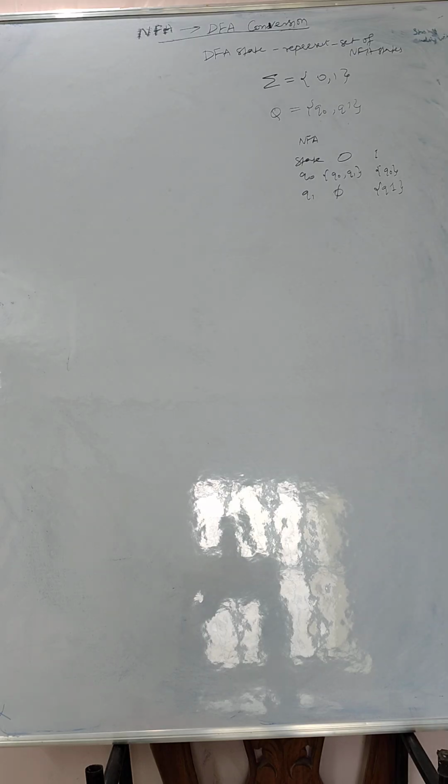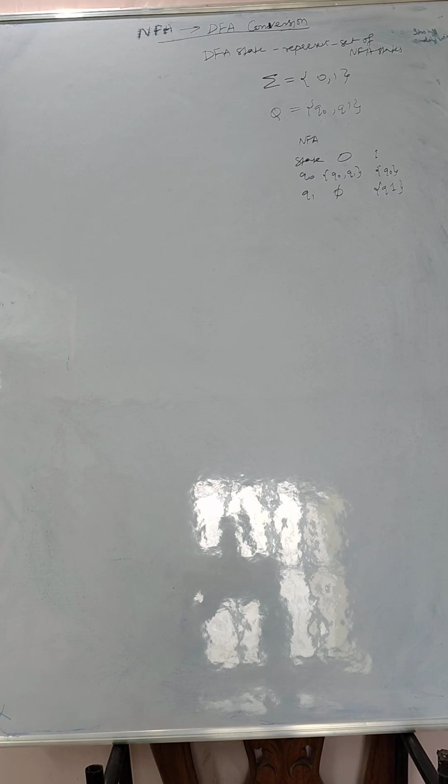From Q0 on input 0, the machine can go to Q0 and Q1 simultaneously. From Q0 on input 1, it can go to Q0. From Q1 on input 0, there will be no transition. From Q1 on input 1, it will go to Q1, right?